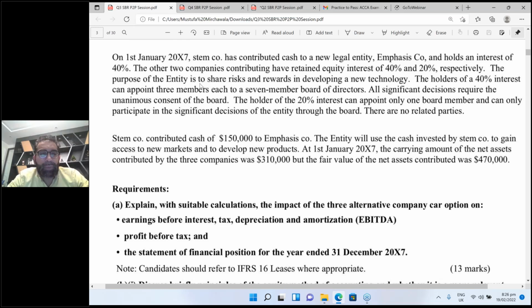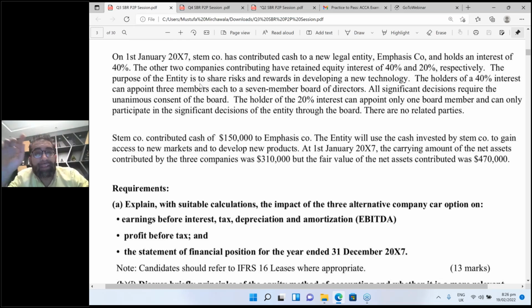So explain plus calculation, and three things: EBITDA, profit before tax, and the statement of financial position at year end. Statement of financial position is always as at.